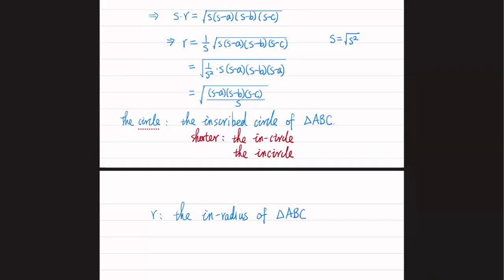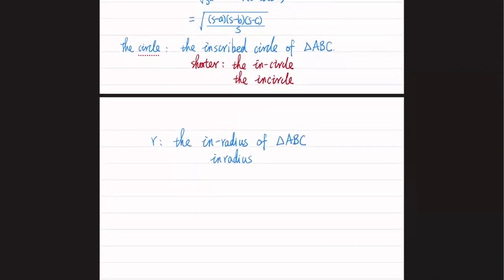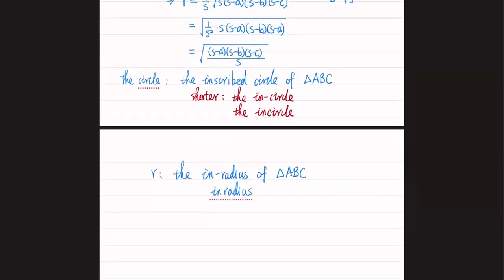Or we just say inradius. Okay, so this is a very important construction. Given any triangle, we can draw the incircle, find the inradius, and I, the incenter.